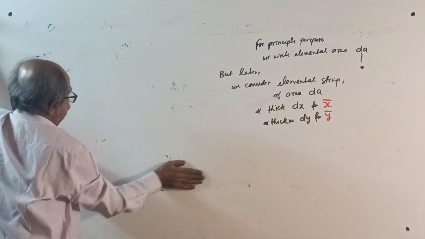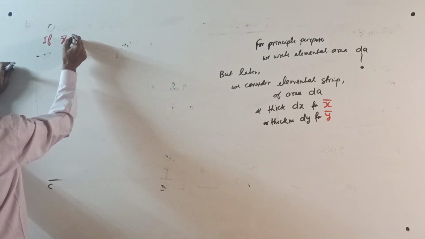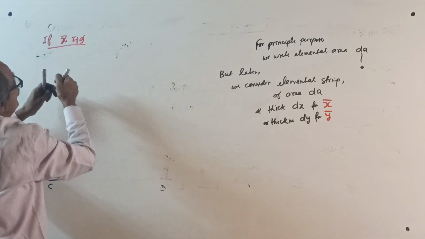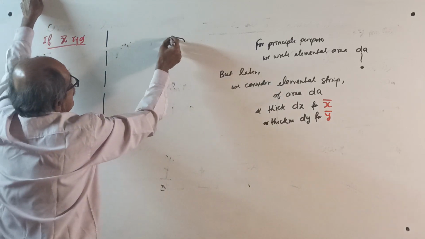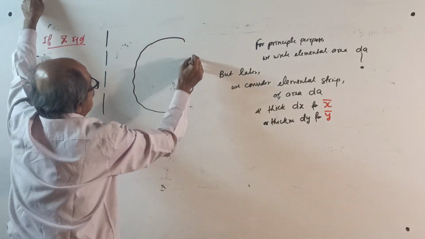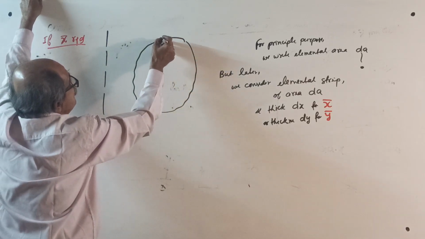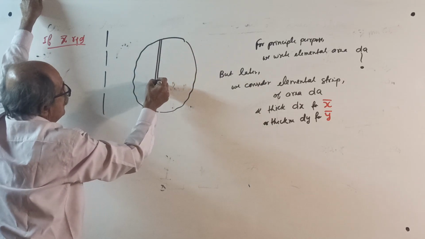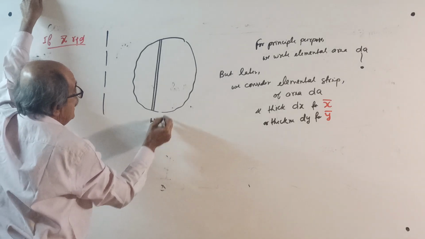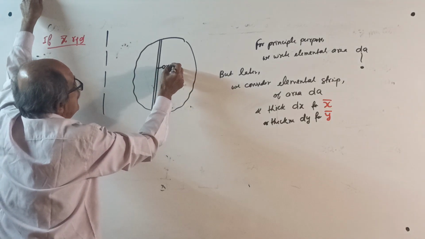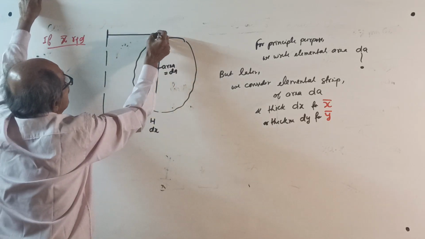If x bar is required, then with the reference vertical line, you take a very small strip of thickness dx and area dA, at x from here.